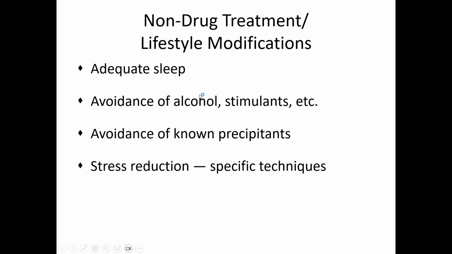Then substances, alcohol, stimulants. If your patient is taking them, you will have to advise them to stop. In the exam, if your patient is using substances, you can say we will manage with a multidisciplinary team, and a psychiatric referral can be done.